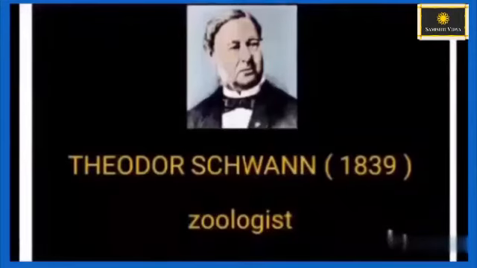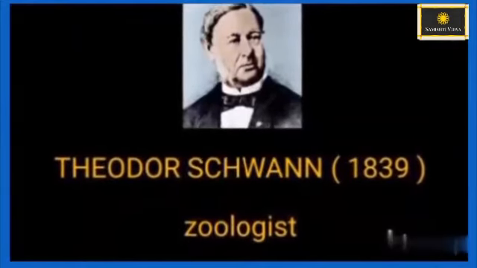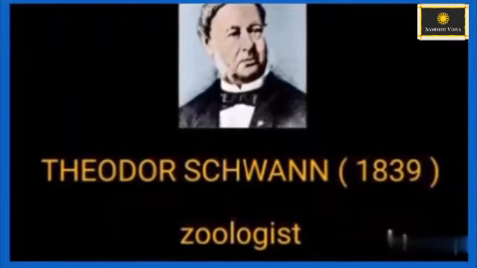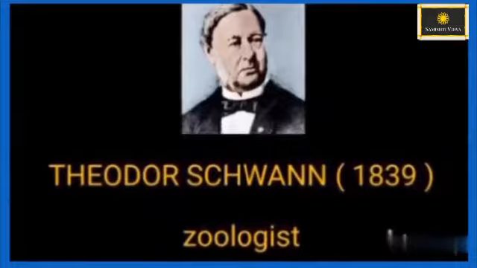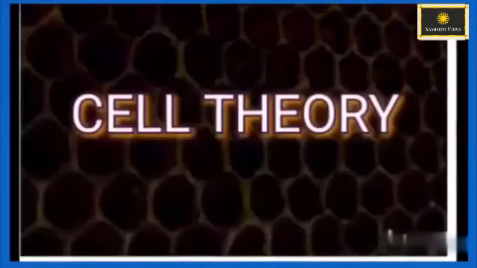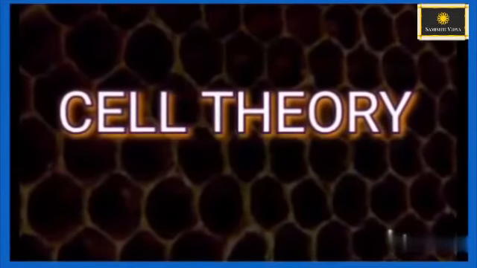A year later, in 1839, Theodor Schwann, a German zoologist, independently asserted that all animals and plants are made up of cells. This joint finding forms the basis of the cell theory.